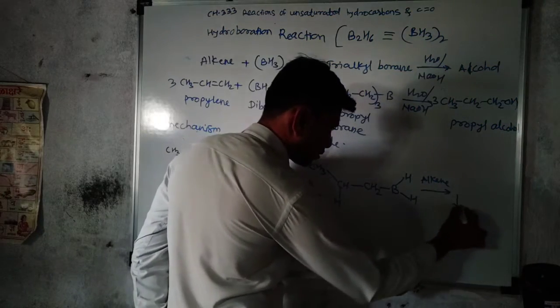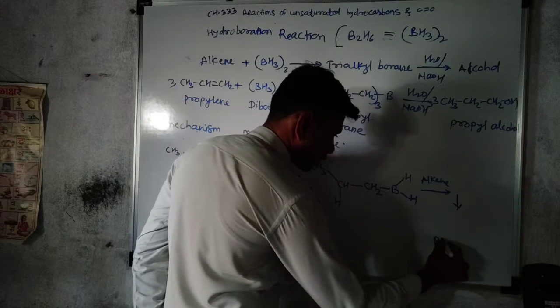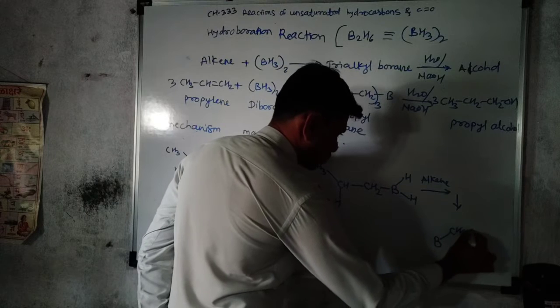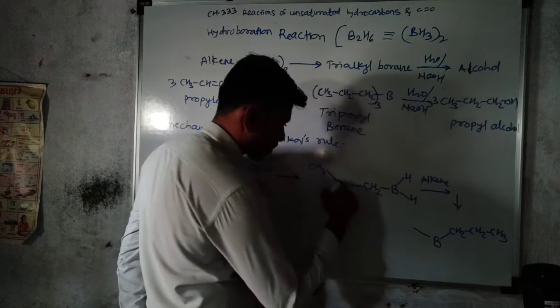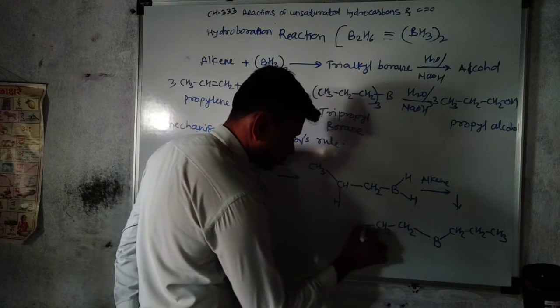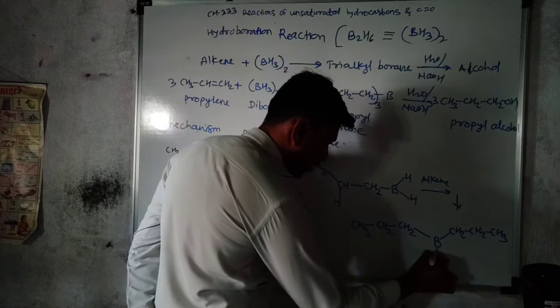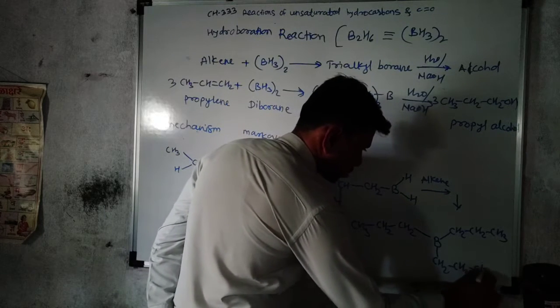and we get the product here: boron with CH2CH2CH3, another CH2CH2CH3, and another CH2CH2CH3.